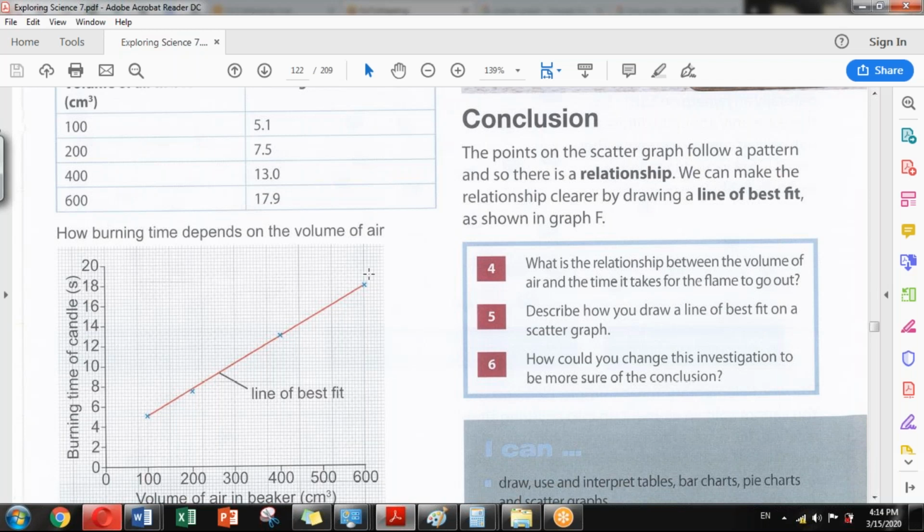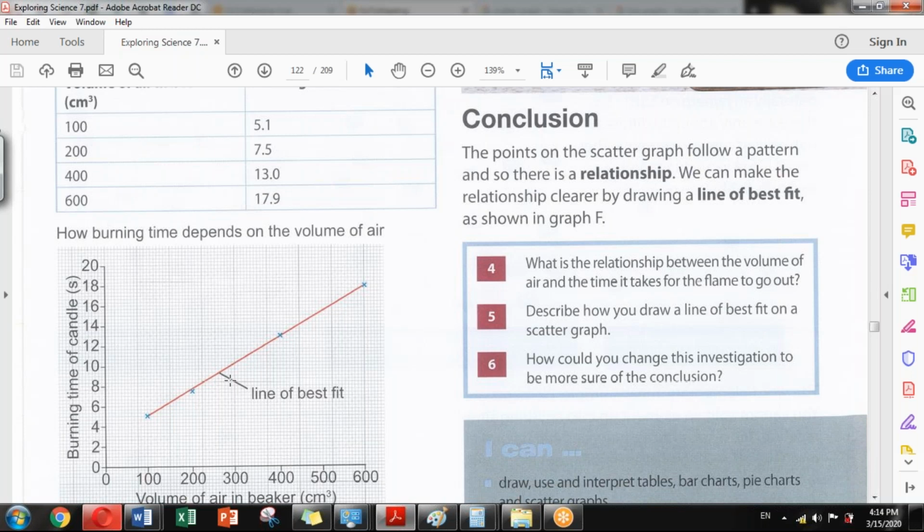Look, one scatter is below this line. It can be below or above this line, no matter. It's called an anomalous result, because there are some problems in the experiment. You can get anomalous results, but the line of best fit must be a straight line.